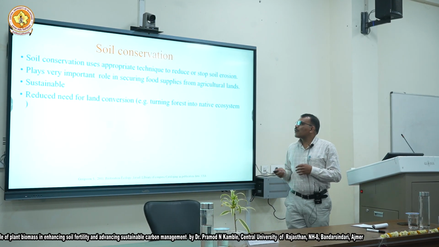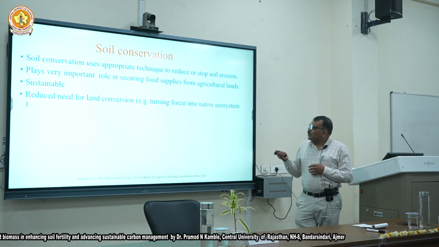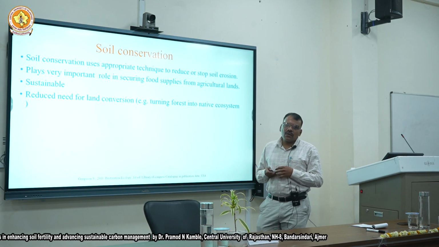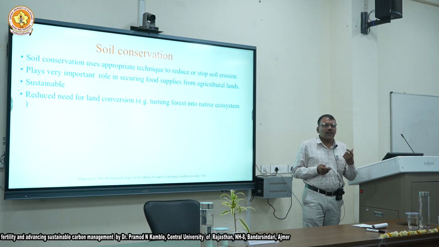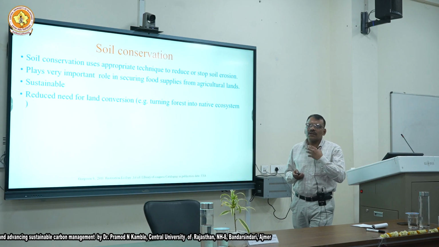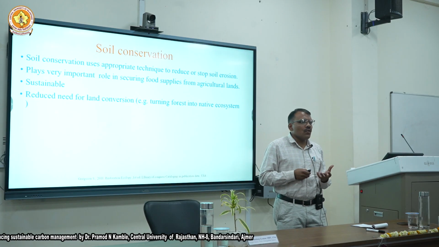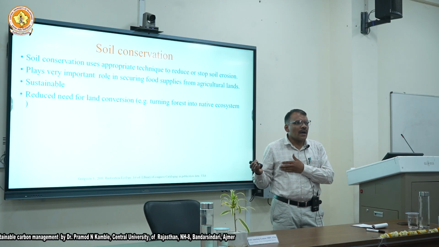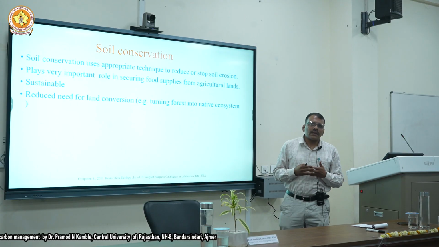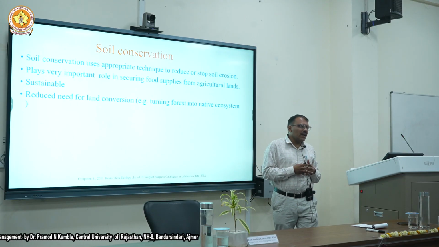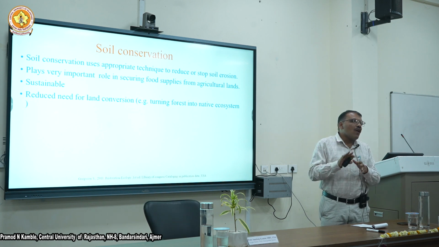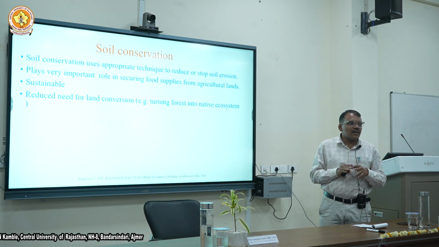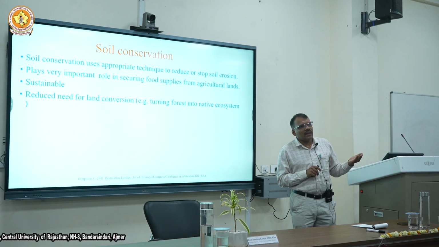The reduced need for land conversion, like turning forest into native ecosystem. Things are happening within the ecosystem, and we are very much involved in a particular process. We need to know how to go further, and whenever you come across such kinds of problems, since the beginning I have been associated with the agriculture sector and I implemented all kinds of these mechanisms in my agriculture field in 2003 itself.